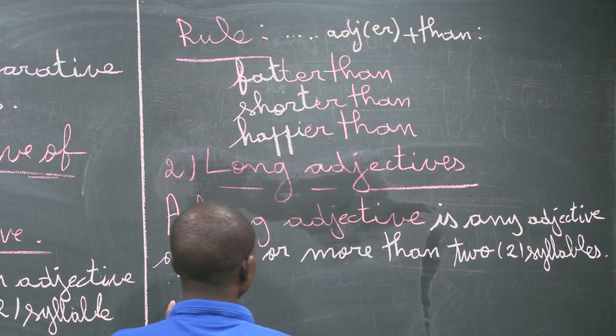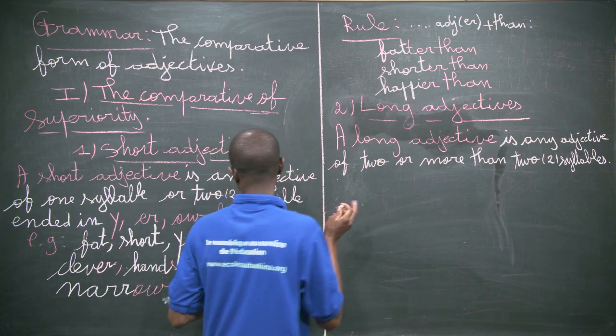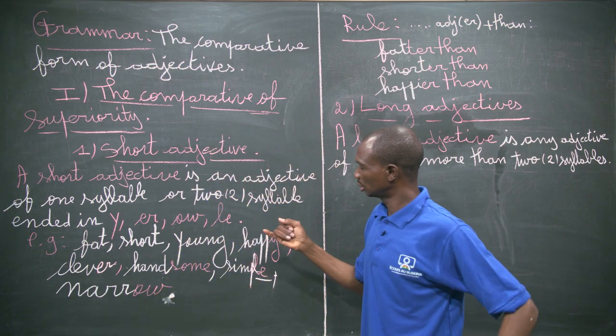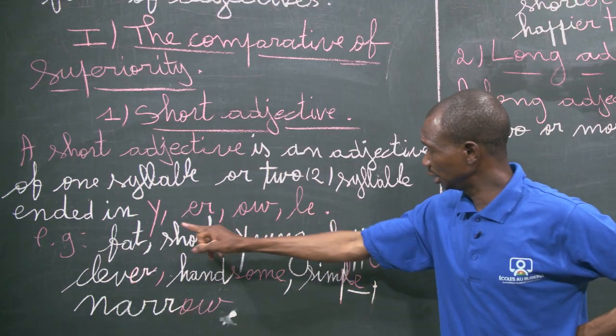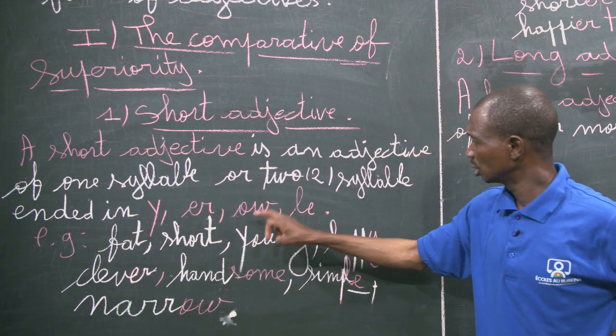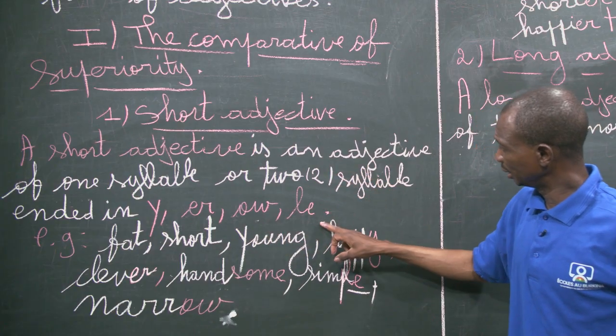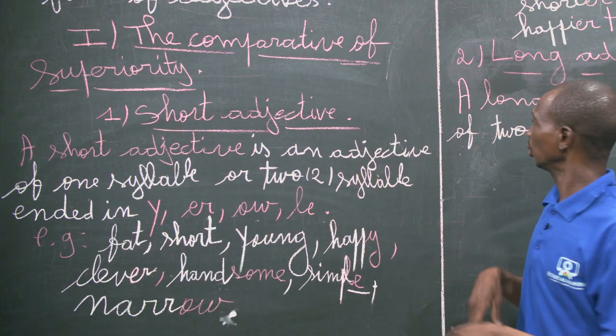Okay, meaning that if the adjective is formed of 2 syllables and it's not ended by y, e, r, ow, and le, it is a long adjective.